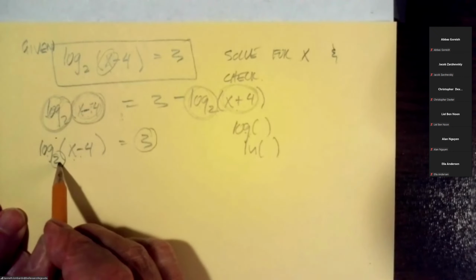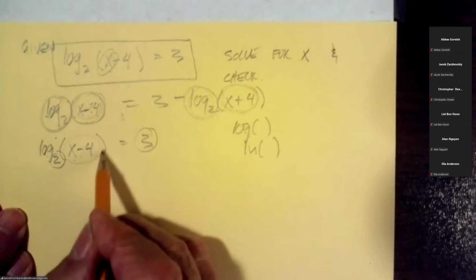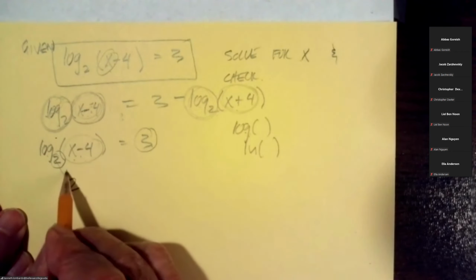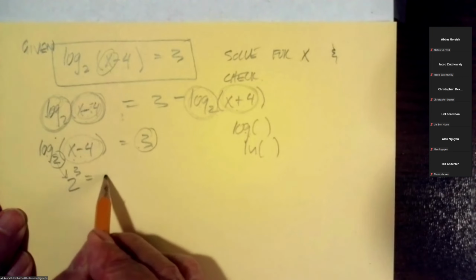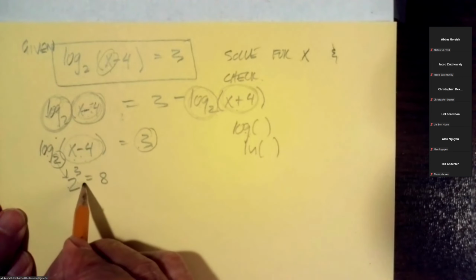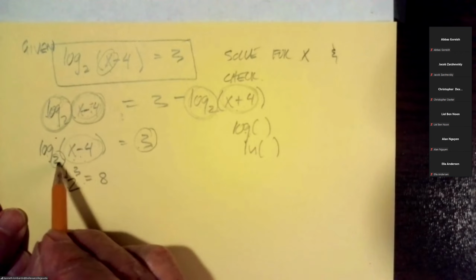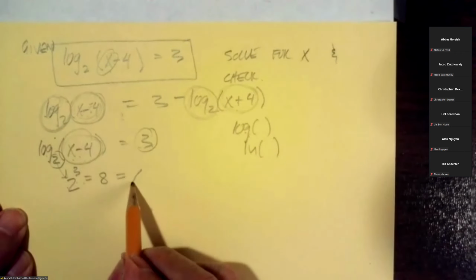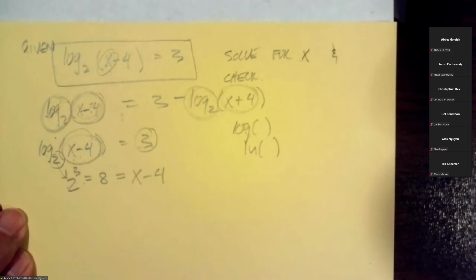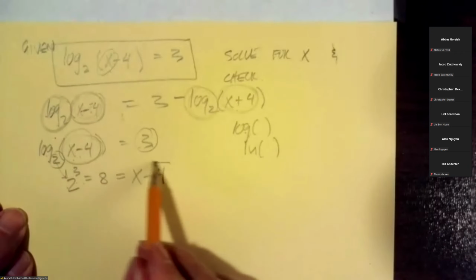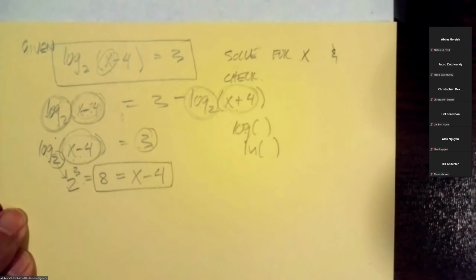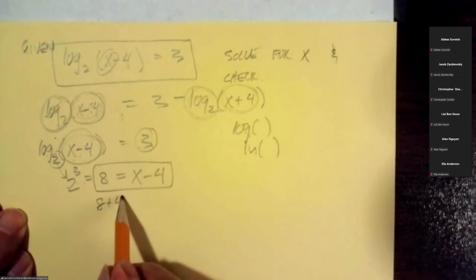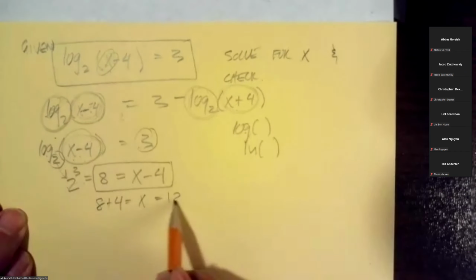So this base to this exponent gives me this value here. 2 times 2 is 4 times 2 is 8. So 2 to the 3 equals 8, and that's equal to this value here. Now we just have to solve this equation for x. We can add 4 to each side, so x equals 12.